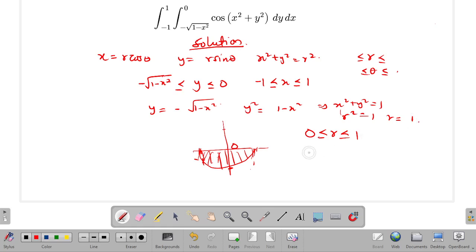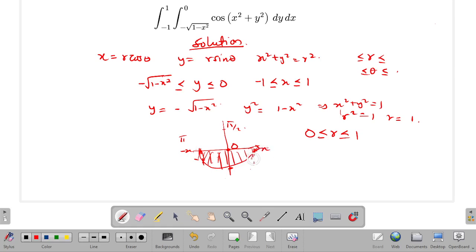The next thing to consider is the y, which is going to give us the theta. Our theta starts from this end to this end, which is a half. Here is the positive x and here is the negative x. This becomes 180 degrees, this becomes 270, and this becomes 360.